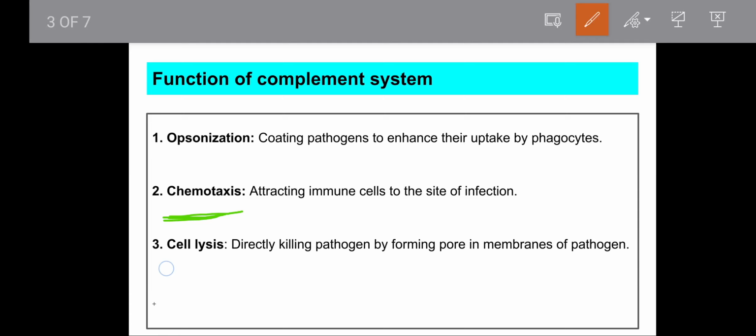Okay, next is cell lysis. Notice that in the first two functions, macrophages and immune cells are involved. In the third function, immune cells are not involved directly. This is done by the complement proteins.